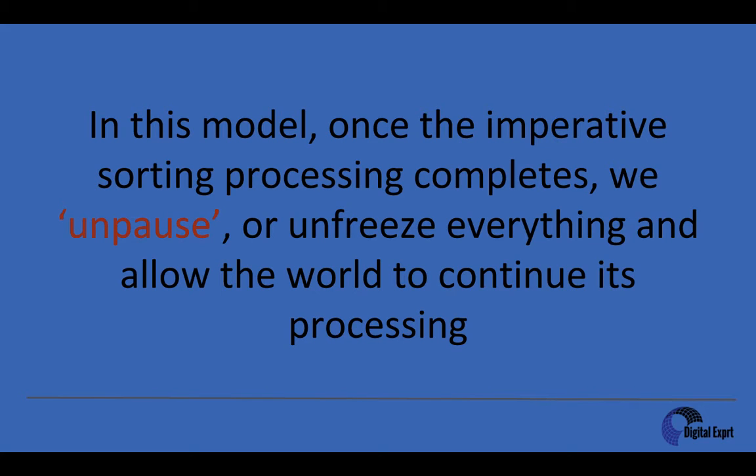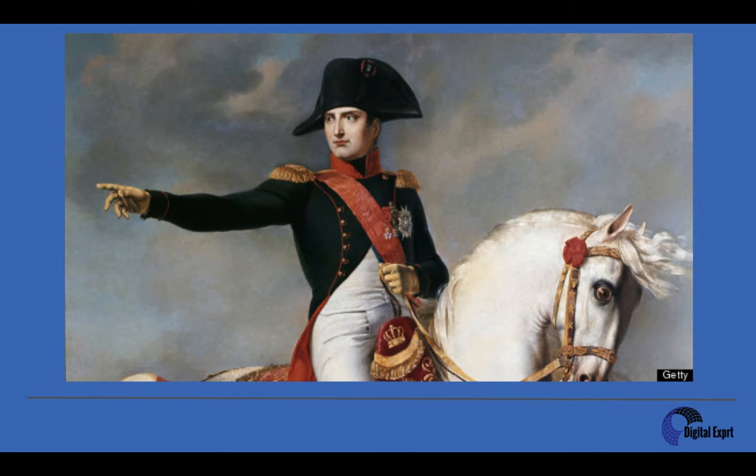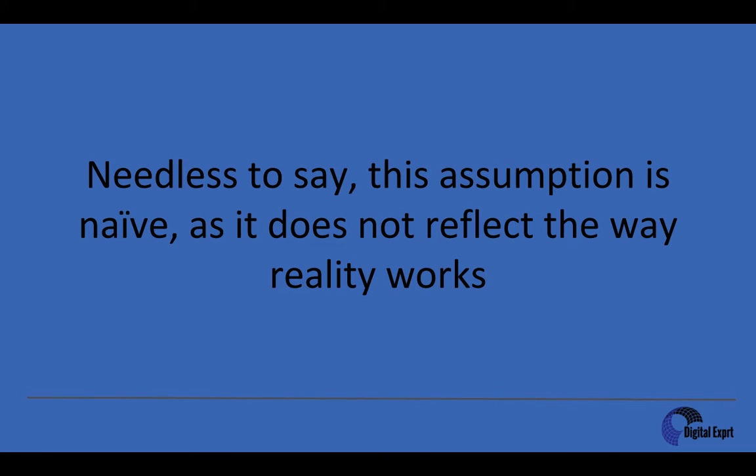This model is called imperative because we are commanding the world how to behave, like we're some perky little emperors, like we have this superpower, like a Napoleon or somebody who is just a totalitarian ruler and it's just, okay, now everybody stop, now everybody dance. Needless to say, this is a very naive assumption because it does not reflect how reality works.